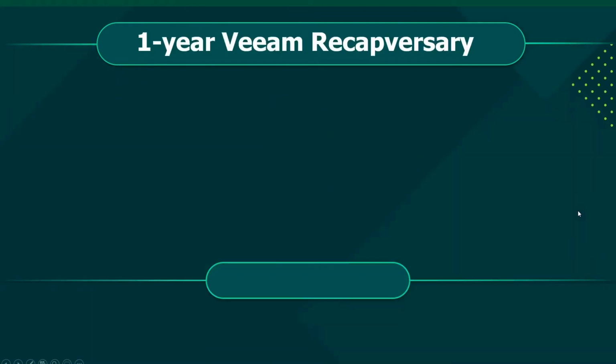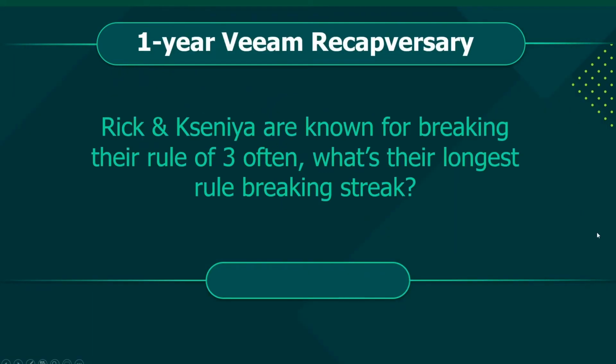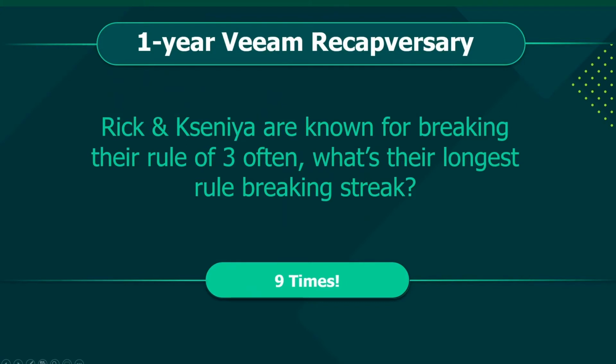Okay. So Rick and Ksenia are known for breaking the rule of 3 often, as they've shown today. What's their longest rule breaking streak? So how many times in a row have you broken the rule? So 5, 4. Ooh. Rick gets the point. No way! Yes. 1-1. So, fun fact time again.